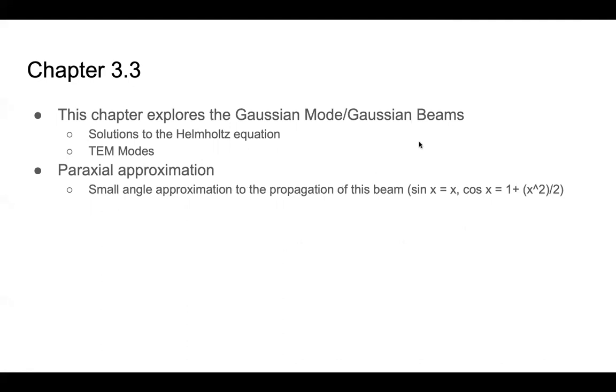So you have an angle here. The paraxial approximation says that the y component is just equal to this angle here, and the x component would just be equal to the length of the hypotenuse times 1 plus the angle squared over 2.